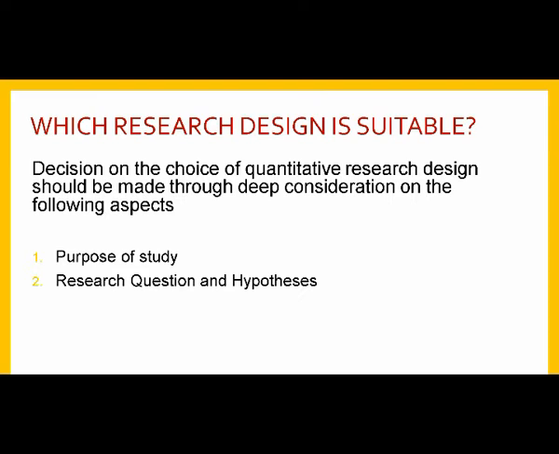For correlational research, where it concerns in predicting the relationship between the two variables, this type of study we will use correlational research. So by having clear picture of this research question and hypothesis, this will enable you to identify the suitable design for the study.